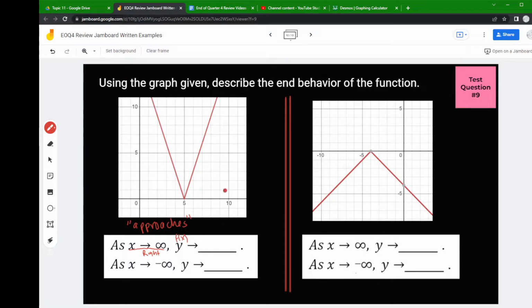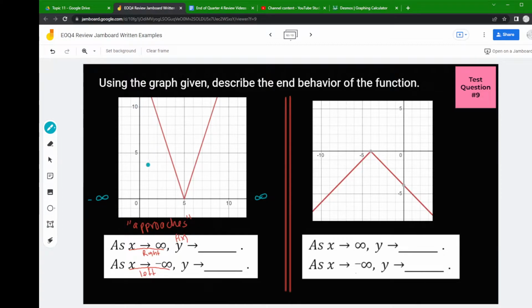If I read the second one, it says as x approaches negative infinity. That's a fancy pants way of saying to the left. And then which way is the function going, up or down, or is it flattening out at a number? So when I look at the graph, to help me remember that, if I look at the number lines here, positive infinity on the x-axis is over this way, and negative infinity on the x-axis is over to the left.